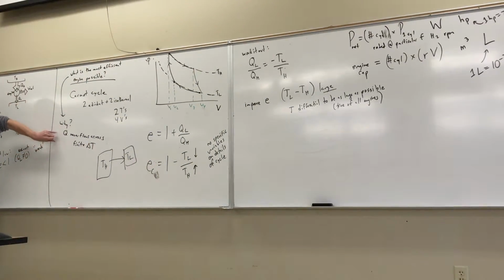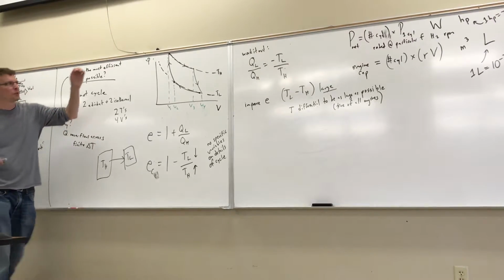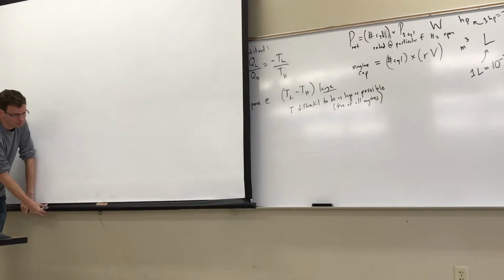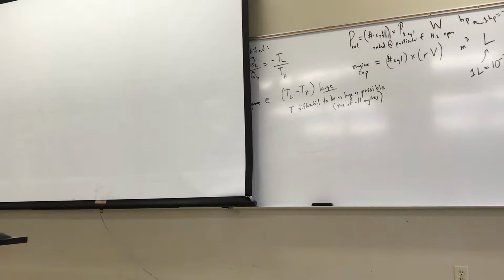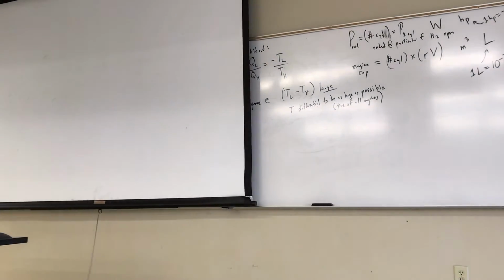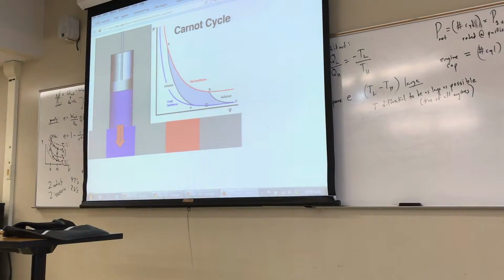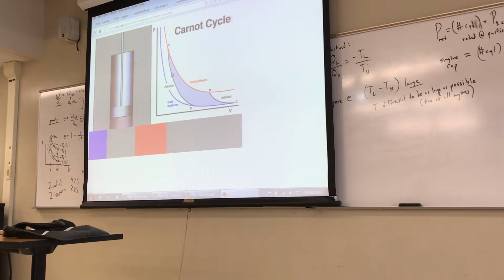So let me try to quickly motivate to you that Q actually never flows across a finite temperature difference. Let me show you a video of the Carnot cycle. So here's the Carnot cycle in action. And here's the cool thing: you use the adiabatic processes to jump between the isotherms. And remember, in adiabatic processes, there is no heat flow.